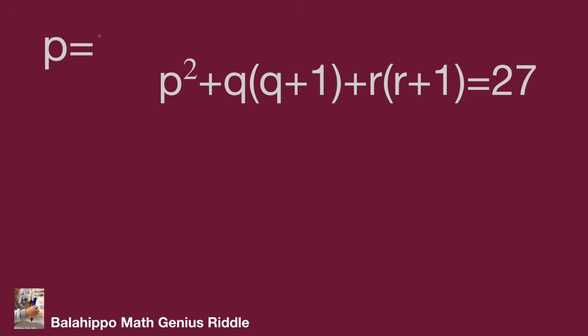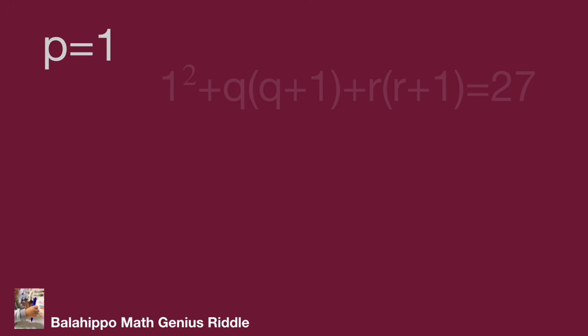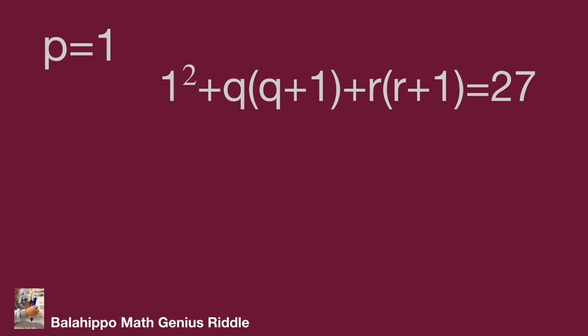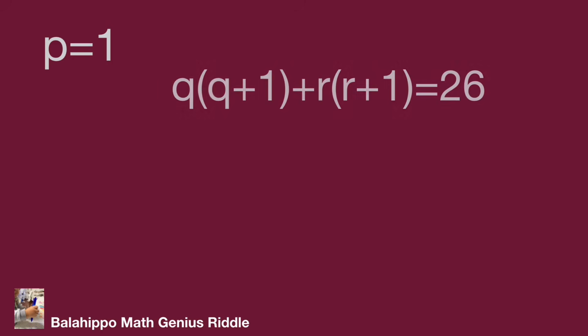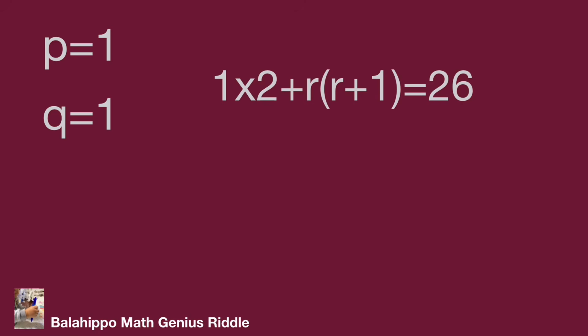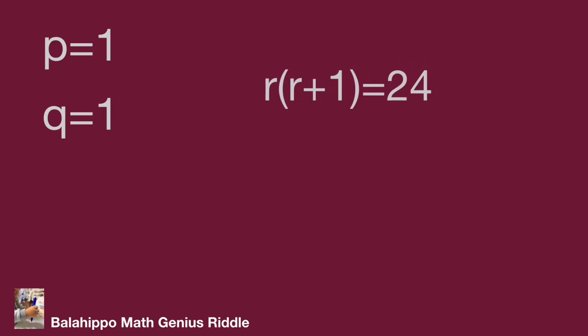While p equals 1, got 1 squared plus q times quantity q plus 1 plus r times quantity r plus 1 equals 27. Q times quantity q plus 1 plus r times quantity r plus 1 equals 26. If q equals 1, then 1 times 2 plus r times quantity r plus 1 equals 26. R times quantity r plus 1 equals 24.